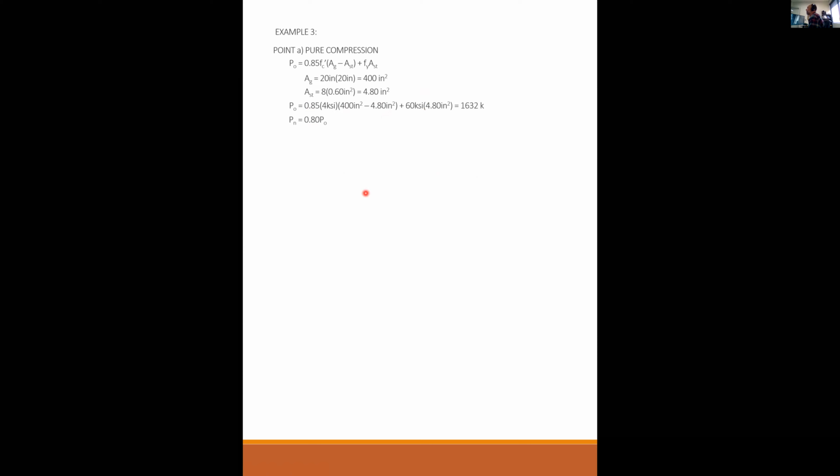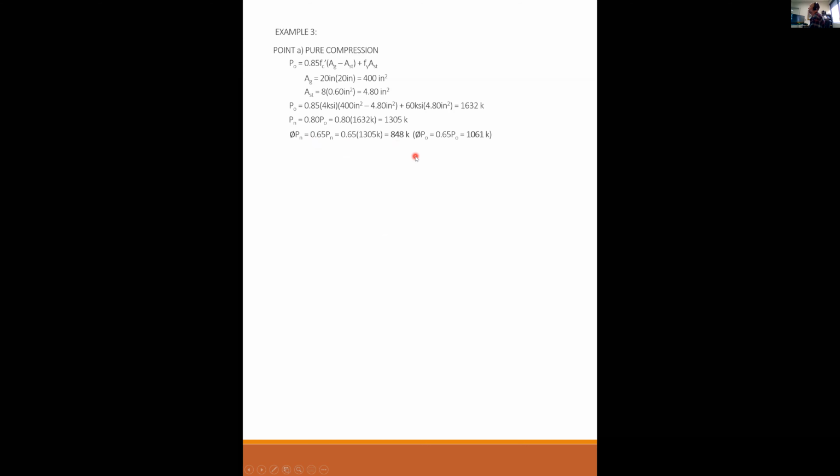Pn is equal to 80% of P naught, so that's 80% of 1,632 kips, 1,305 kips. Phi is 0.65 for columns, so phi Pn is 0.65 times 1,305, or 848 kips.